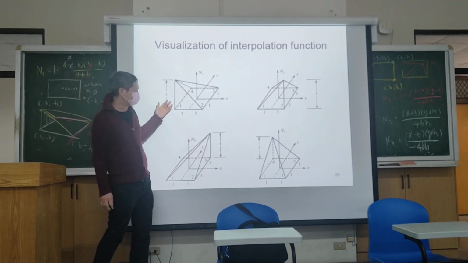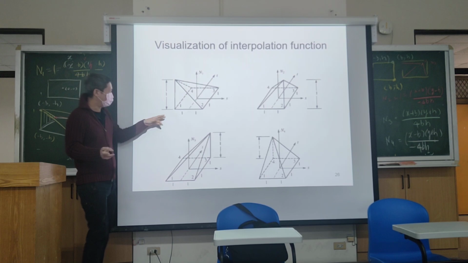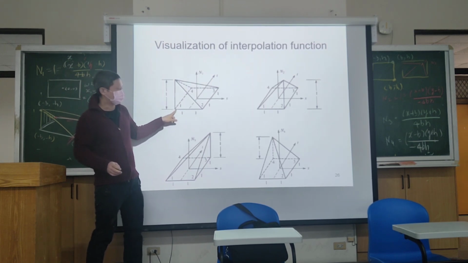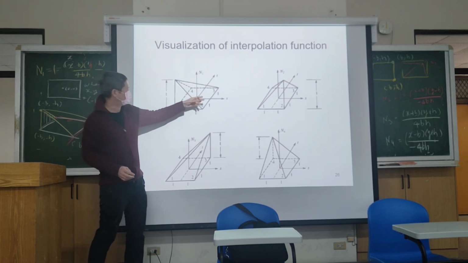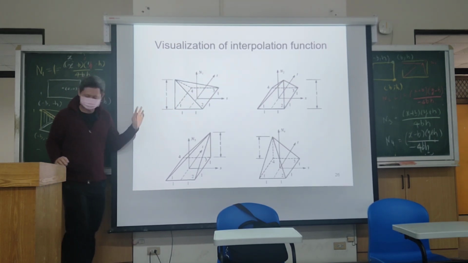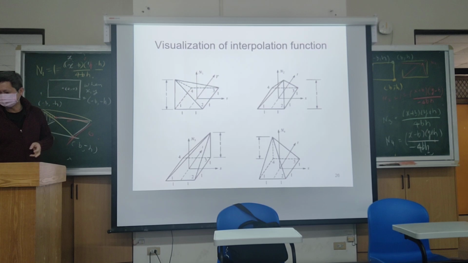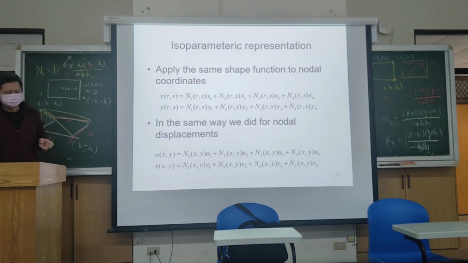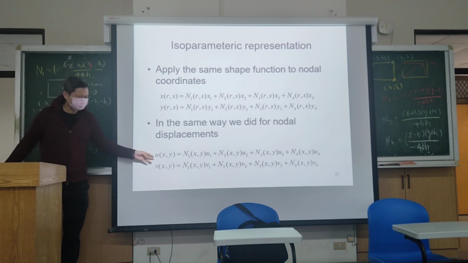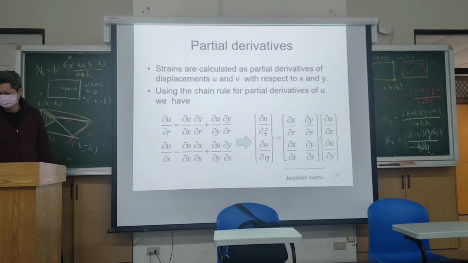Now, the shape function still looks the same as previously, except now the coordinates of the nodal points are 1 and minus 1. So it's different from the physical coordinate. So based on this, I can also do the interpolation using the same shape function for displacement in horizontal and vertical direction.